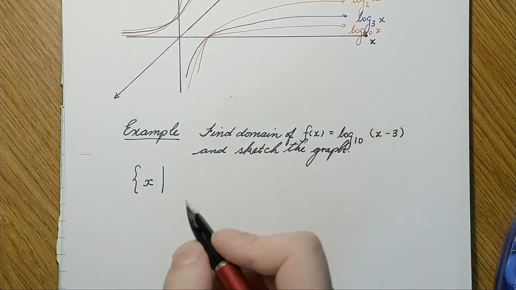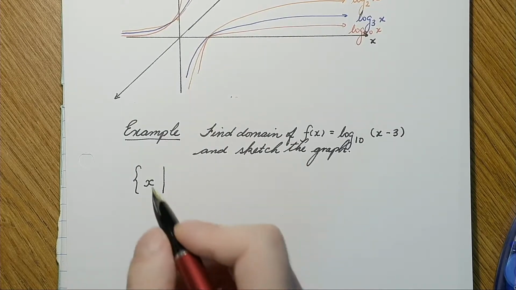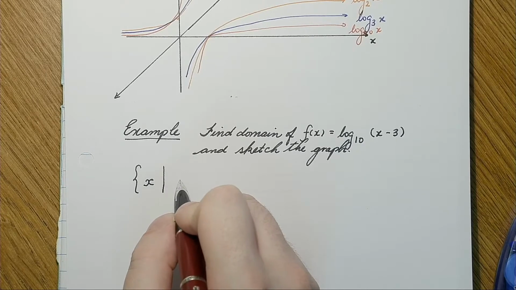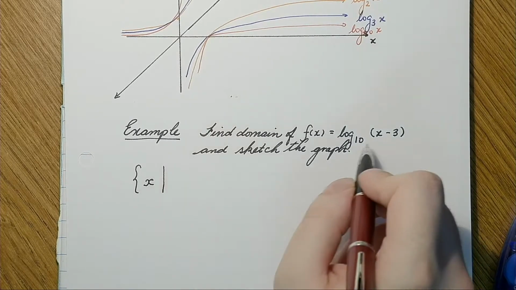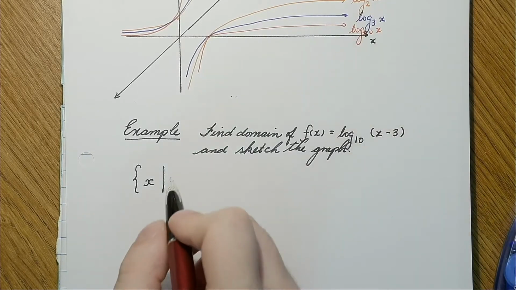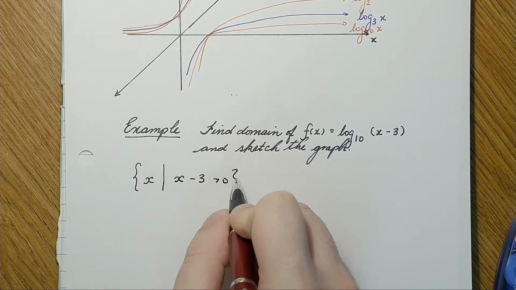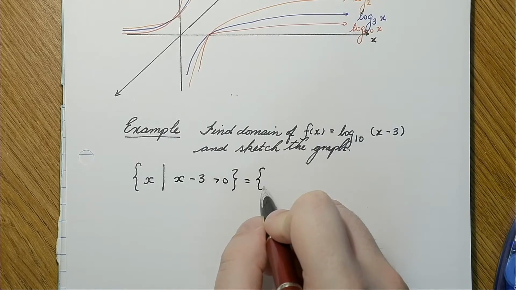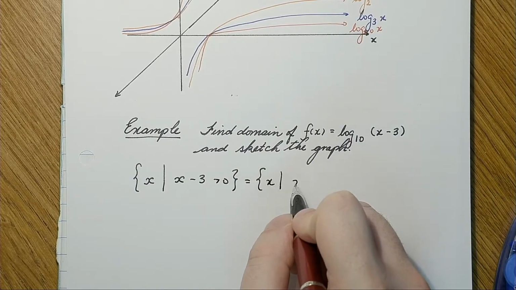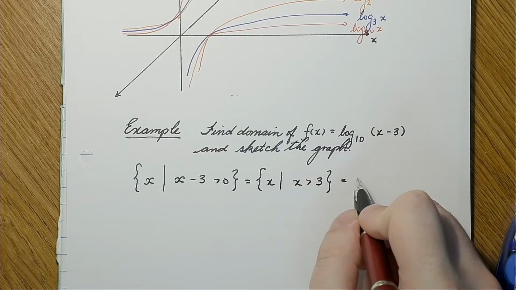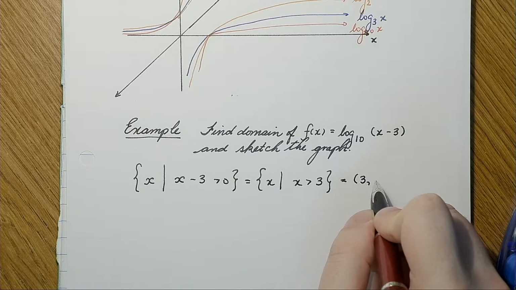So we're going to look at all the x's, and that means that the inside here has to be greater than 0. So x minus 3 is greater than 0, which means that x has to be greater than 3. In interval notation, that's from 3 to infinity.